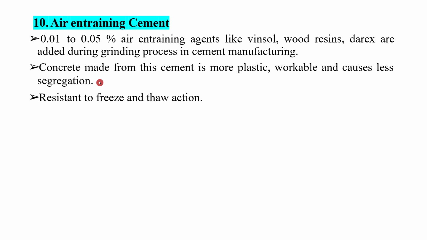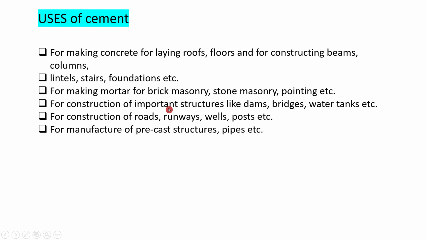Segregation means maybe the metal can get accumulated in a single space, and the cement can accumulate in a different space. It is called segregating the materials inside the concrete. So this is avoided in the case of proper mixing, and this can be done by using the air entraining cement, and it is resistant to the freeze and thawing action.